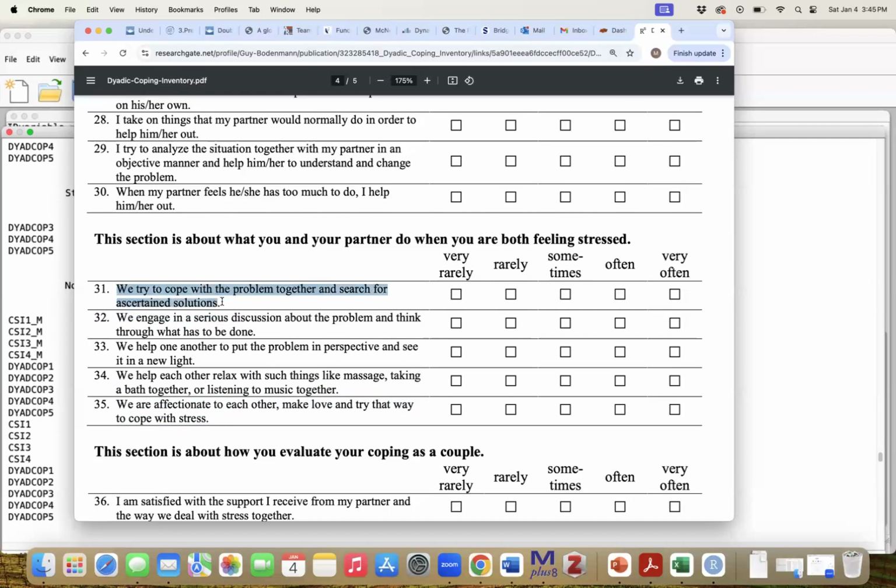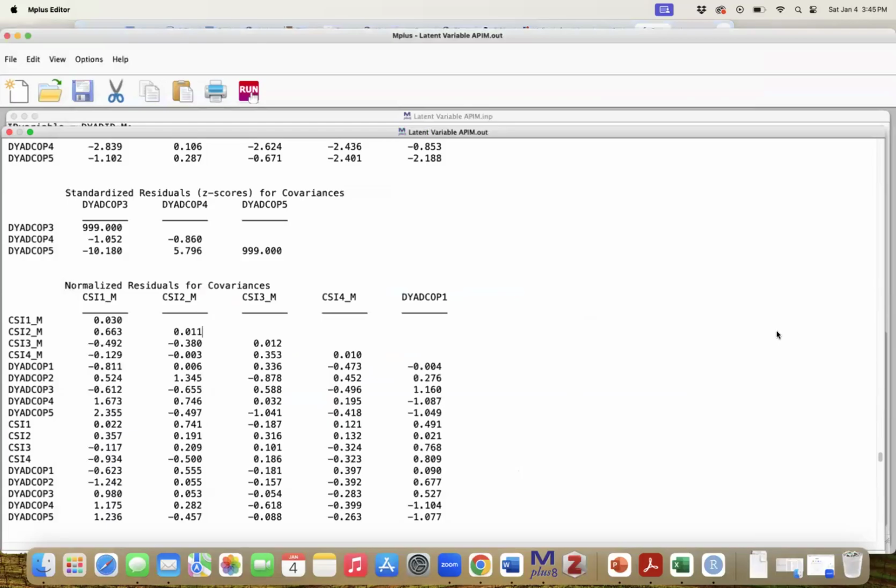So you can kind of theoretically think about it as how I'm defining dyadic coping statistically is really about stress communication between the dyad members, between the male-female dyads, our partners. And so these three items are doing a really nice job. These items are not really getting at what we're really kind of wanting, or how we're statistically modeling our theory.